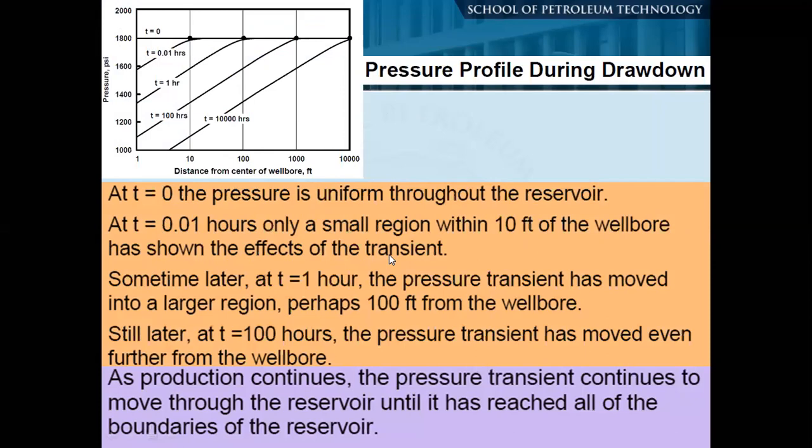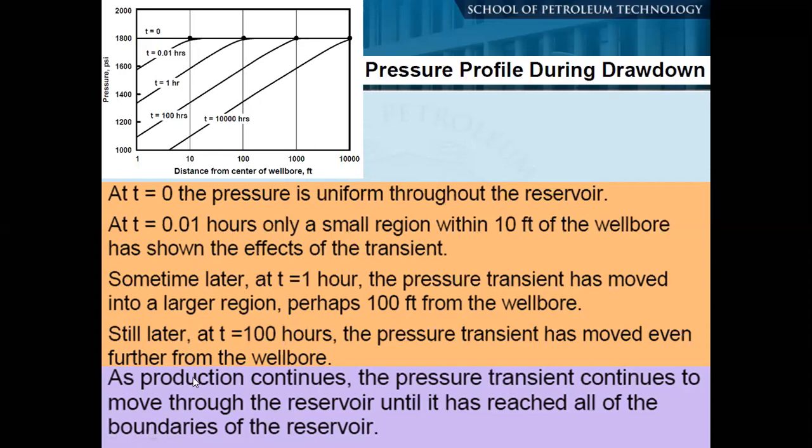That means this transient part is moving away from the wellbore. Some time later, let's say by 1 hour, the pressure transient has moved into a larger region, perhaps 100 feet from the wellbore. Now you see a concentric ring or area is moving away through your reservoir and it is affecting the flow.